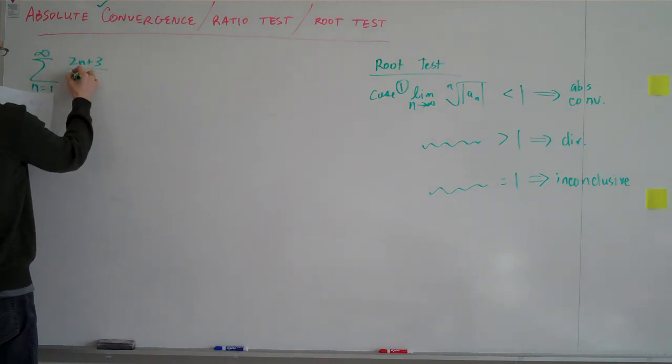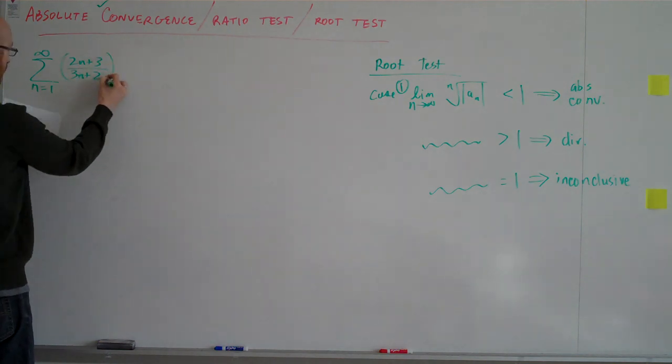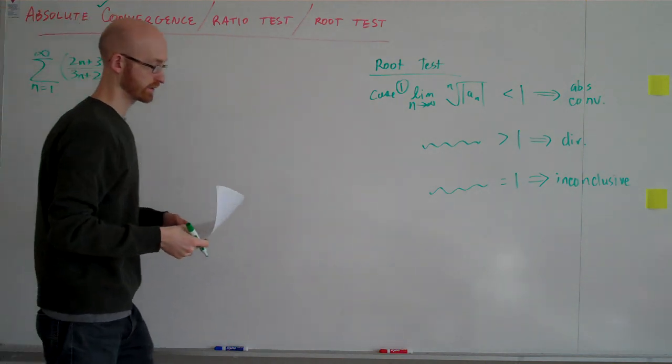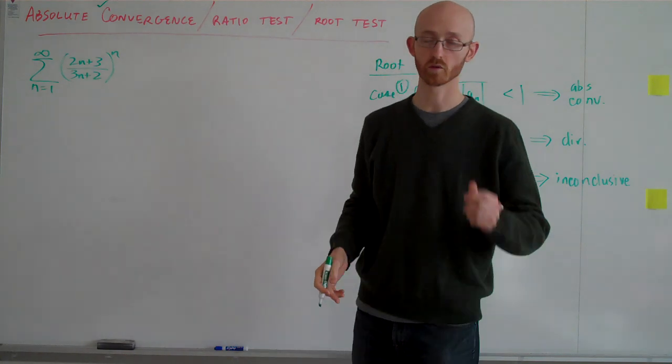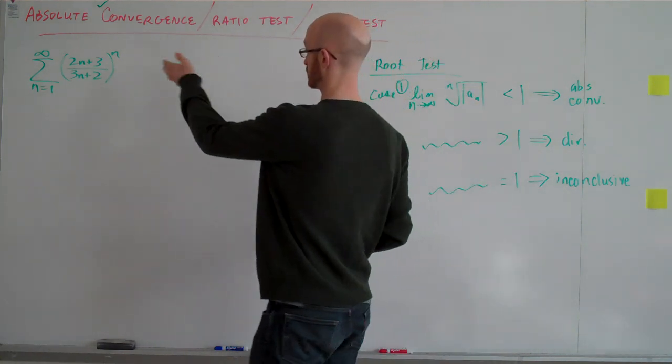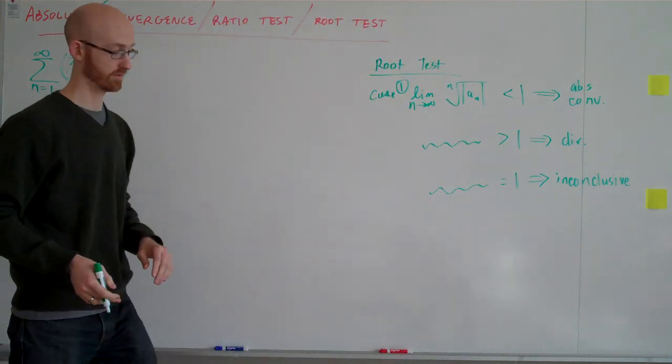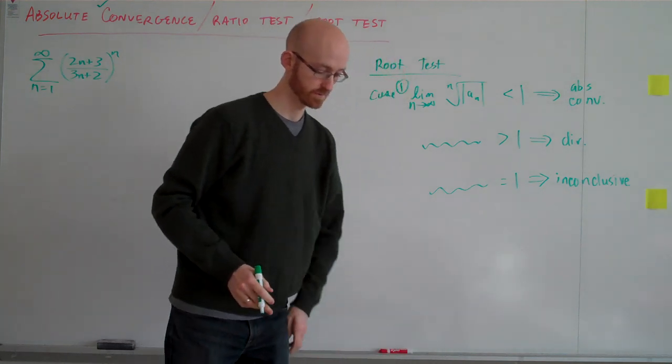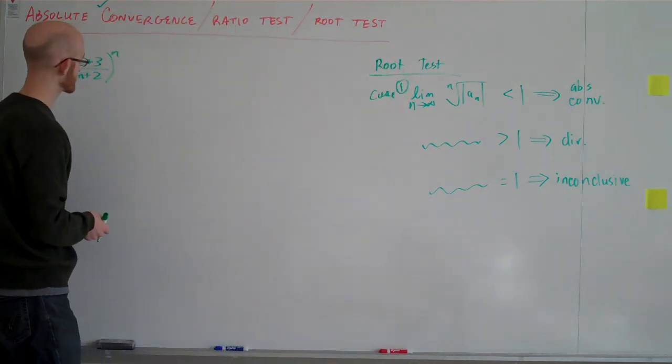This is (2n plus 3) over (3n plus 2), all raised to the n. You can see the ratio test would be pretty useful for factorials. The root test will be much more useful when we have the variable n in the exponent.